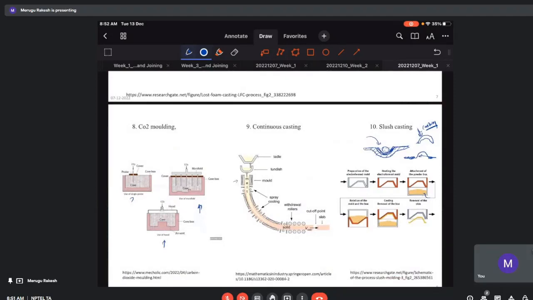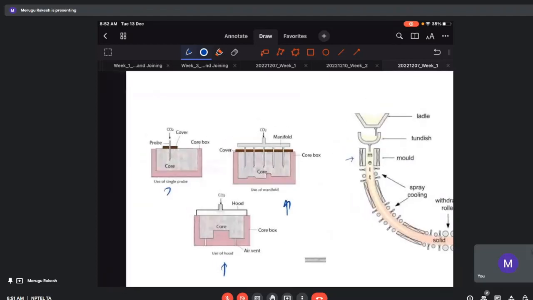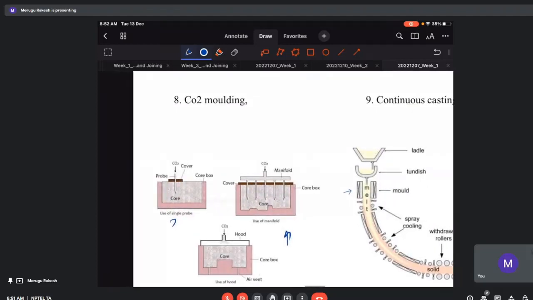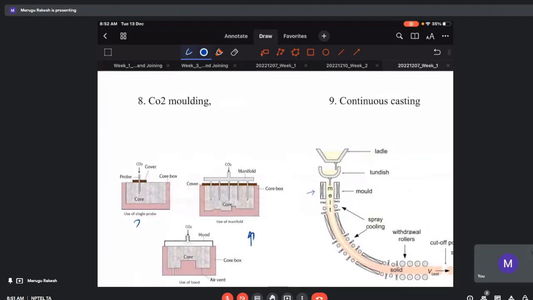So as I said, in CO2 molding as well, the chemical used is sodium silicate, as a binder agent in this. When CO2 gas comes into contact with this, it will form a very hard mass, silica gel, which binds these sand grains together, so that the mold is held together.